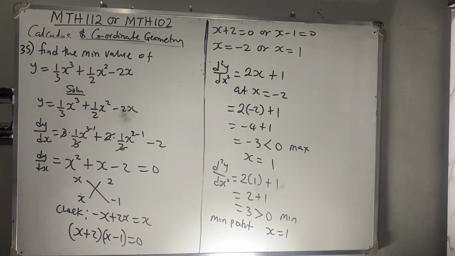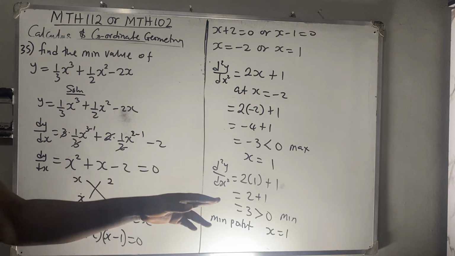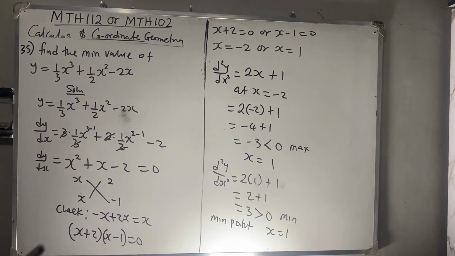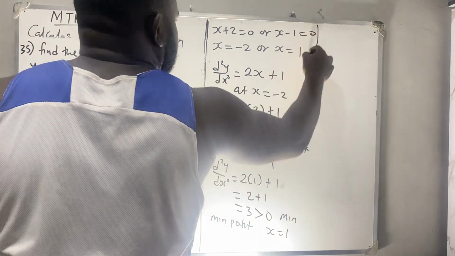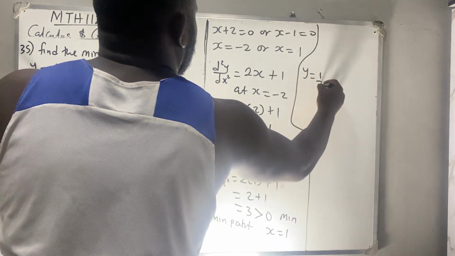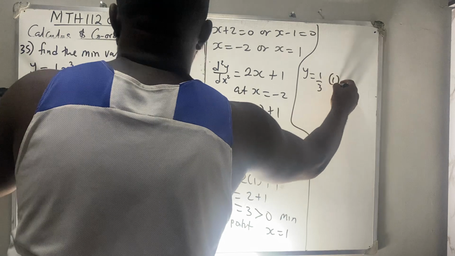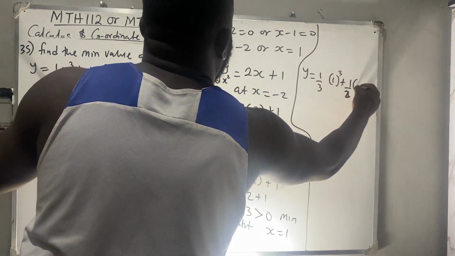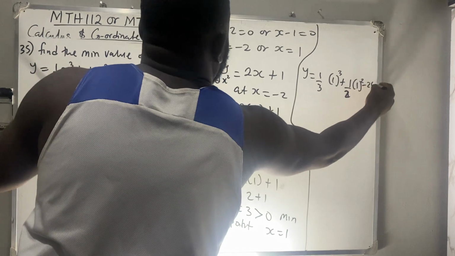So the minimum value is simply to carry that minimum point and substitute it in the question to get the minimum value. So to get our minimum value, y will now be equal to 1 over 3 into 1 raised to power 3 plus 1 over 2 into 1 squared minus 2 into 1.